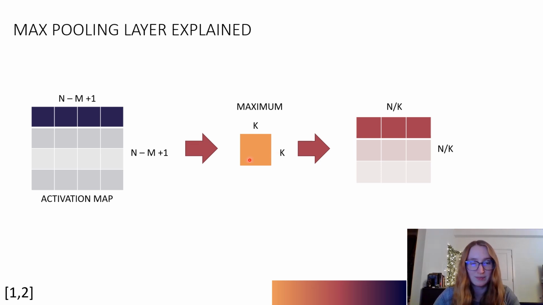The result is an n over k by n over k matrix, which, as you can tell, is a significant reduction in the size of the activation map, and therefore the number of features that have been identified. This reduced activation map is then fed into the next convolution layer, and this pattern repeats until all of the convolution layers have been executed.